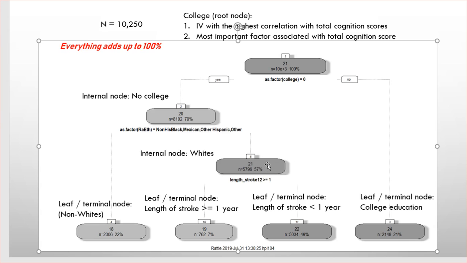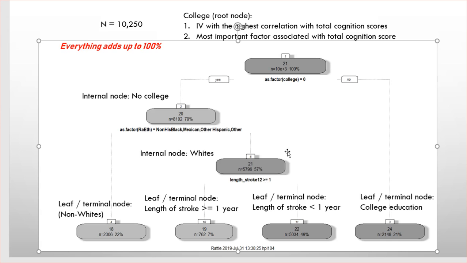On the right side of this internal node, we have white respondents with no college degrees. As you can see from here, they are 57% of respondents who are whites who do not have a college degree.